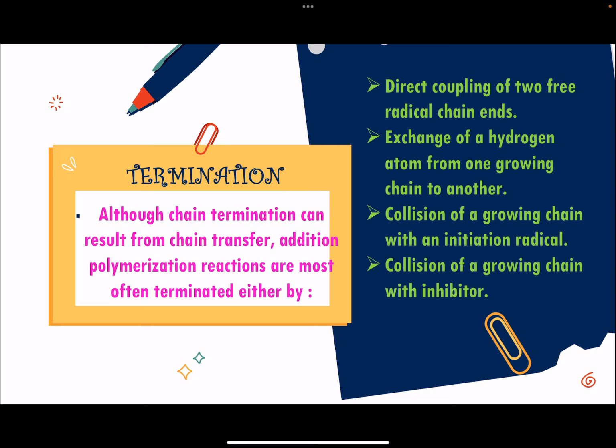Termination. Although chain termination can result from chain transfer, addition polymerization reactions are most often terminated either by direct coupling of two free radical chain ends, exchange of a hydrogen atom from one growing chain to another, collision of a growing chain with an initiation radical, or collision of a growing chain with an inhibitor.